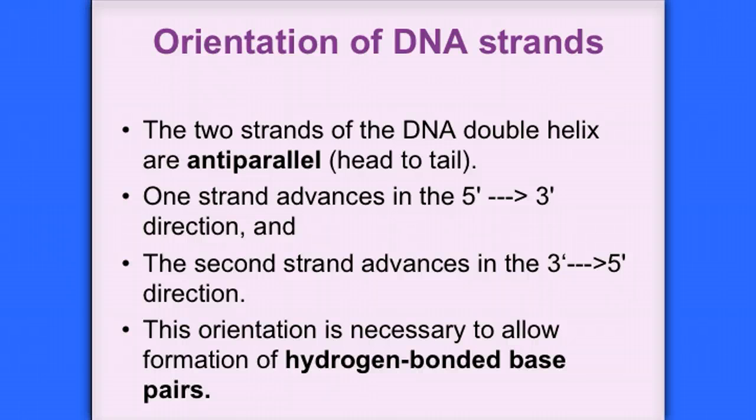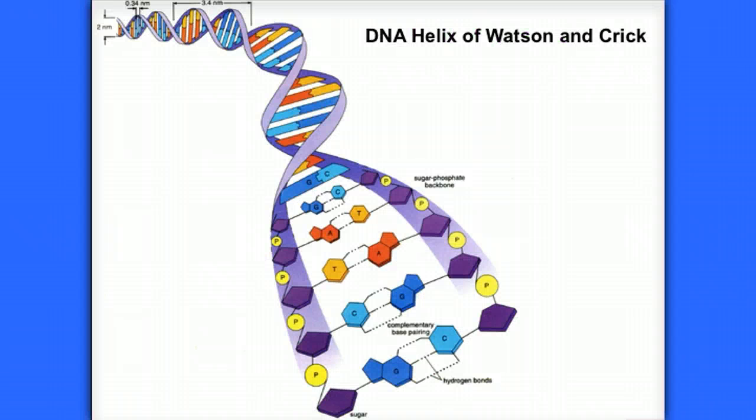And such two strands in two different directions held together are referred to as anti-parallel strands. Let's have a look at it. Here we see the two strands are anti-parallel.